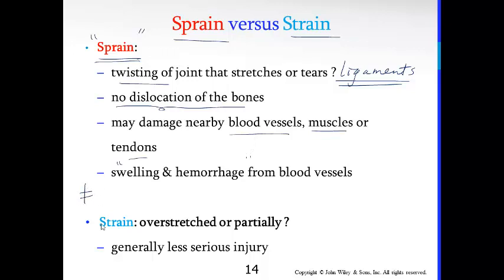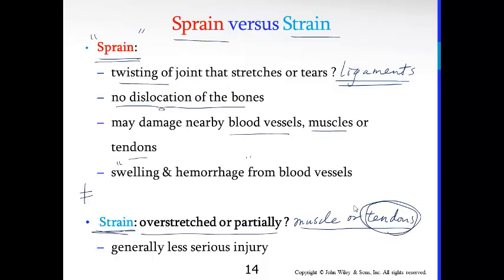This is different from a strain, which means we have partially torn or overstretched muscles or the tendons attached to the muscles. And don't forget, tendons attach muscles to the bones. If they are affected, this is a strain, and usually it is a less serious injury compared to a sprain.